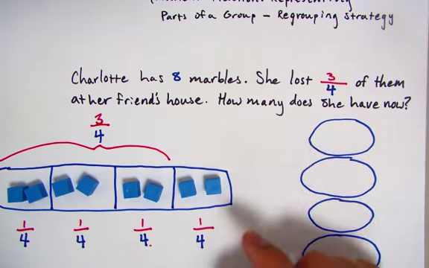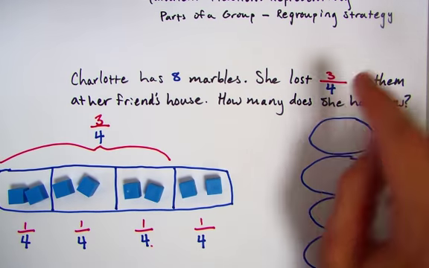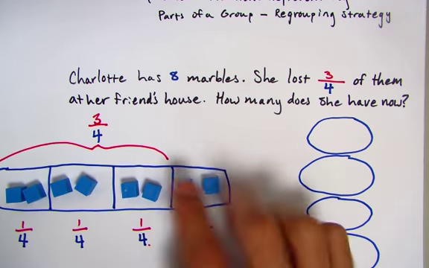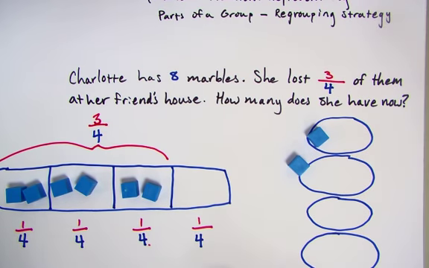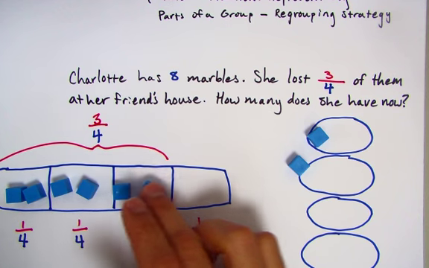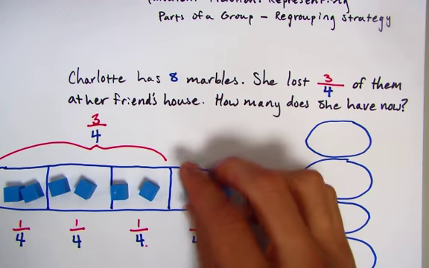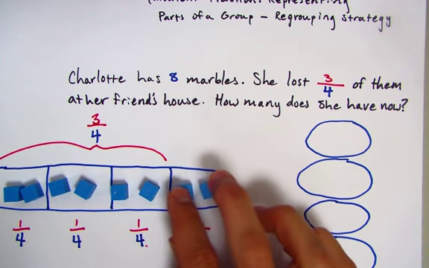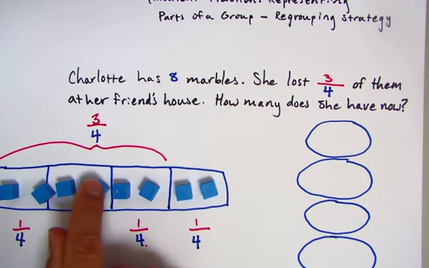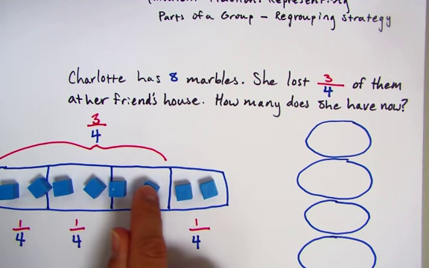Sometimes you won't need to. Sometimes it will be, let's say, 4/8 or 2/8. She lost 2/8. Well, then you just take away the 2/8. You don't have to do any regrouping. So let's go ahead and review now. And if you understood, you can stop the video and go and try the practice problems. But I'm going to go ahead and review.